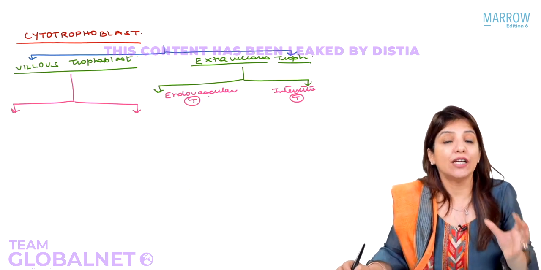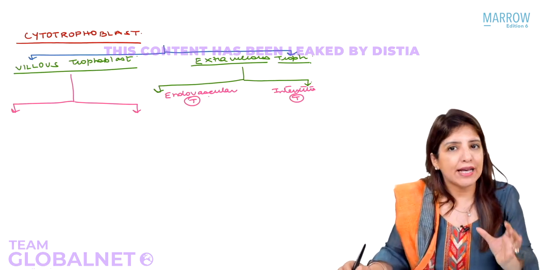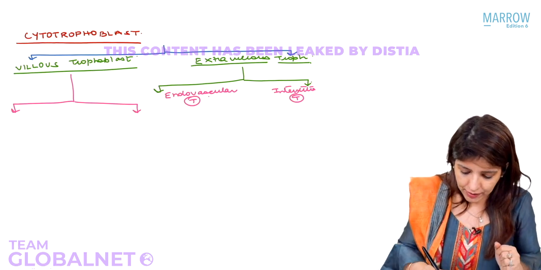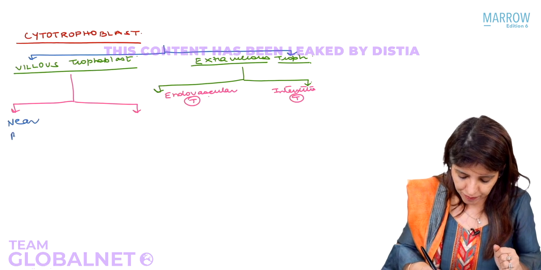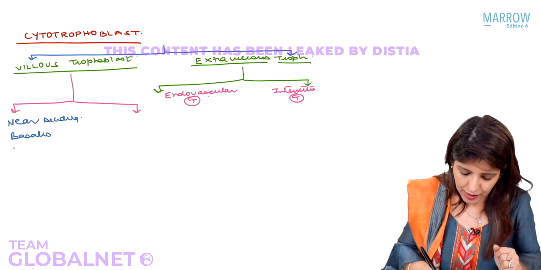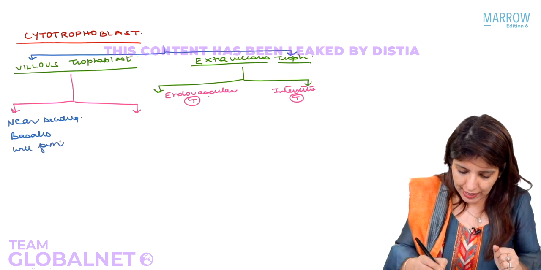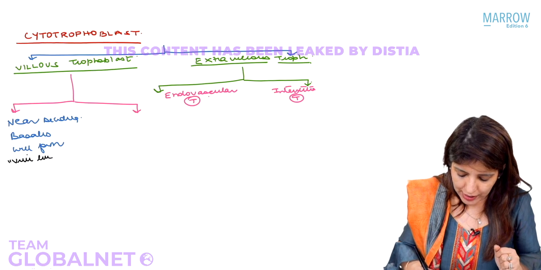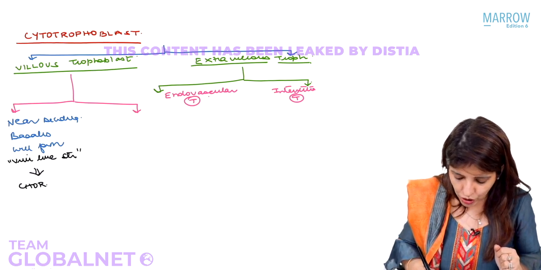Now what does villus trophoblast do? As the name suggests, villus trophoblast near decidua basalis will form villi-like structures, and this is called chorion frondosum.